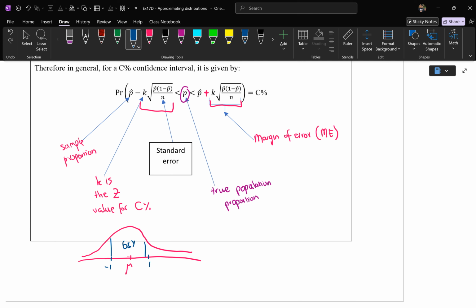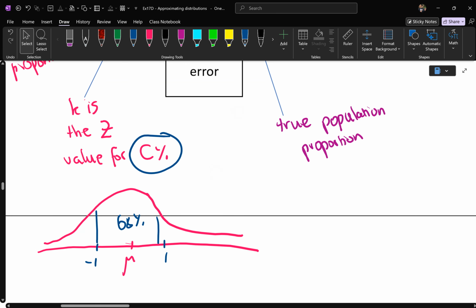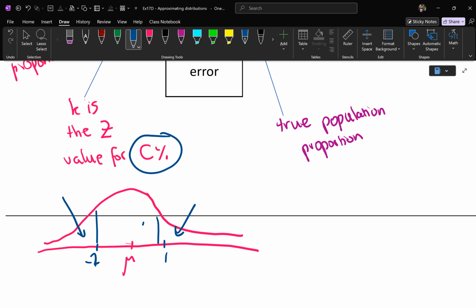So mean plus minus standard deviation, that's your margin of error. Actually, I'll make it 95 just to make it easier. So minus 2, plus 2. If it's 95% confidence, two standard deviations to the left and 2 standard deviations to the right.